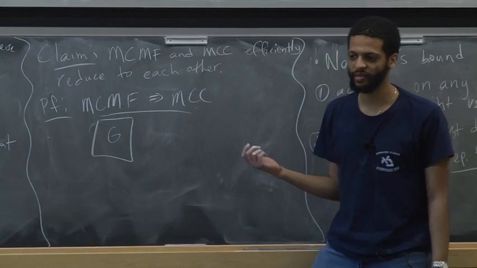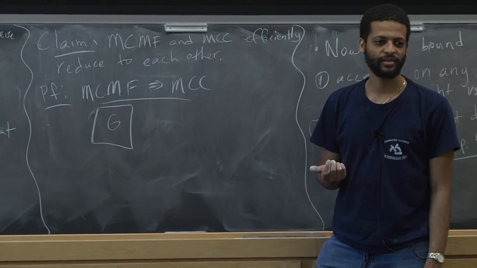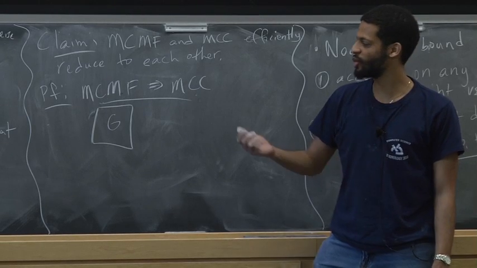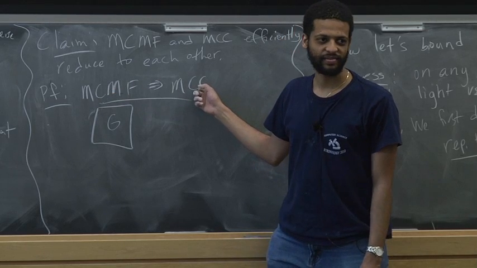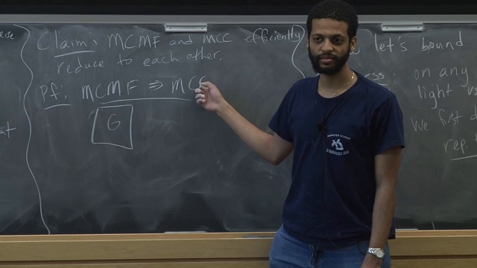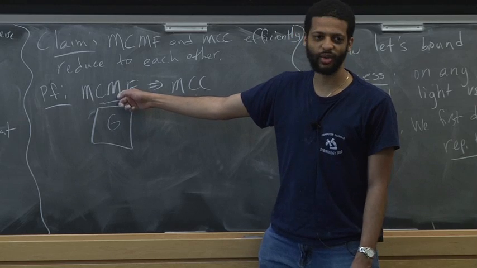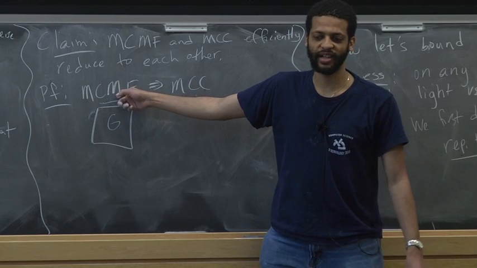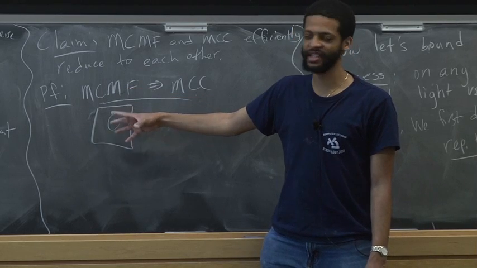So if you could solve min cost max flow, how would you solve min cost circulation? How would you call this as a subroutine to solve this? First of all, this needs a source and a sink, right? The definition of the problem involves a source and a sink, S and T. There's no source and sink here, right? So what do you do?